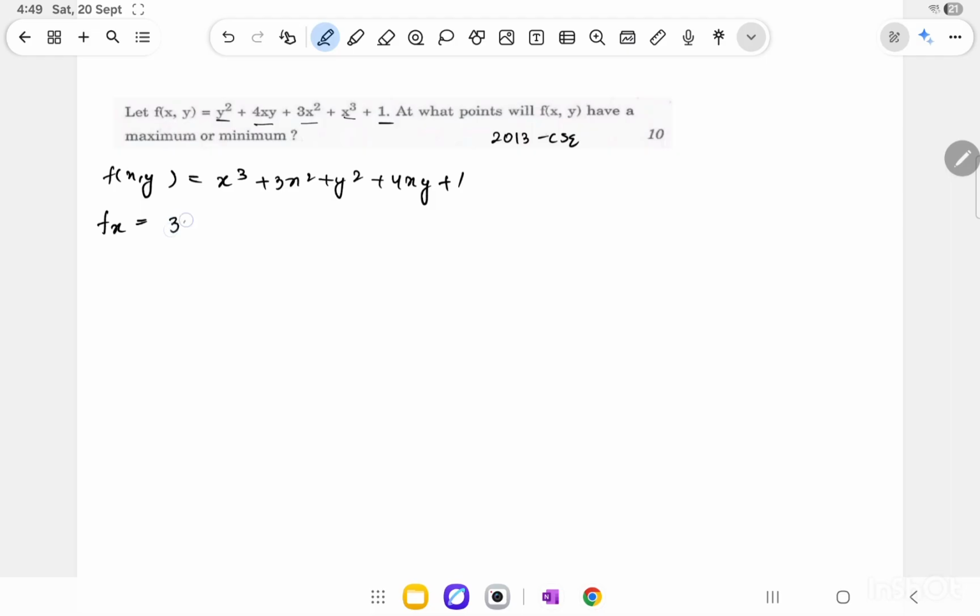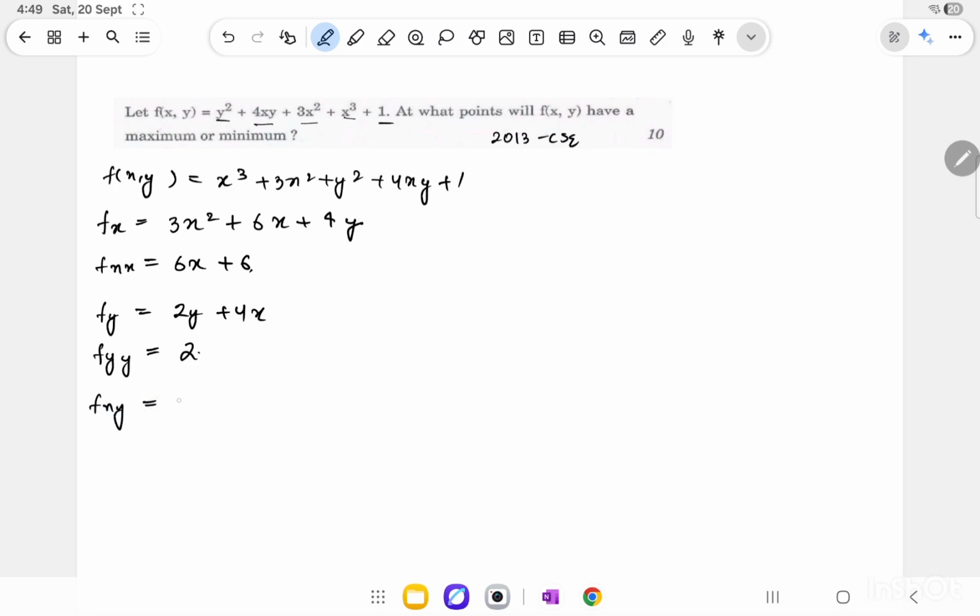That will be 3x square plus 6x plus 4y, and its second order partial derivative with respect to x will be 6x plus 6. Likewise, partial derivative of first order with respect to y will be 2y plus 4x, and second order partial derivative with respect to y will be 2, and fxy will be basically 0.